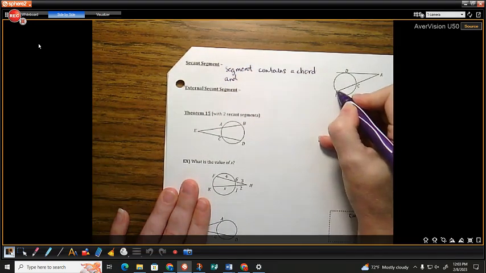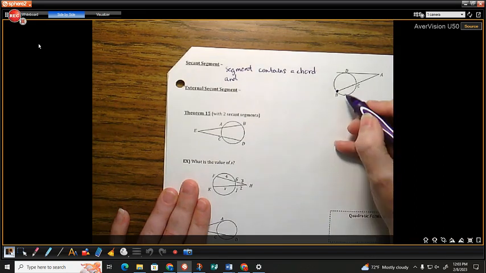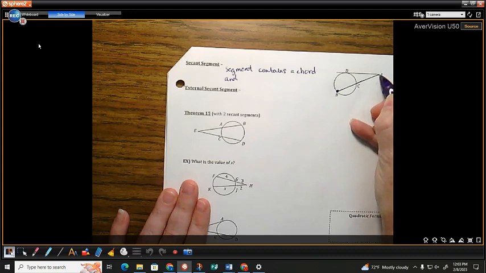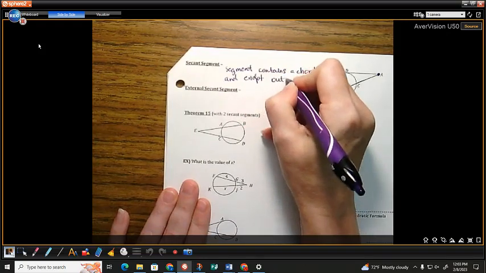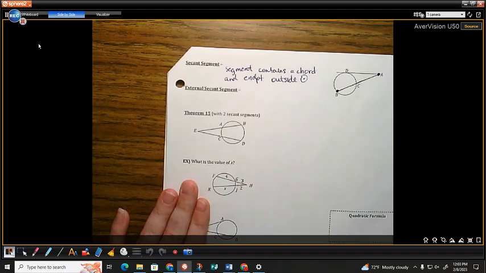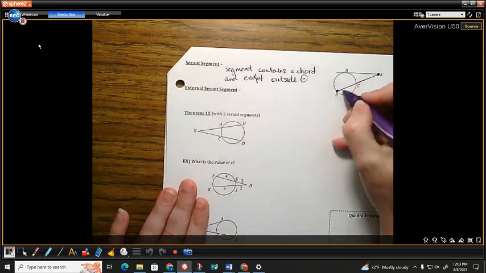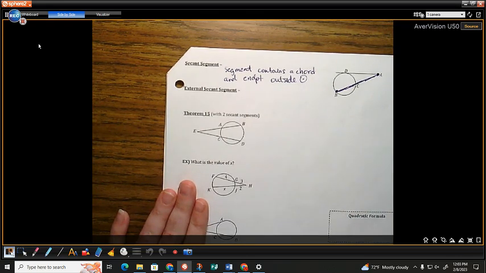Here, one of its endpoints is the endpoint of the chord, but the other endpoint is outside the circle. Okay, so that would be a secant segment.